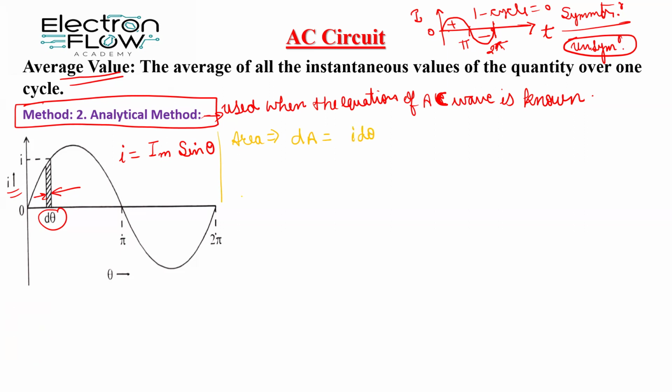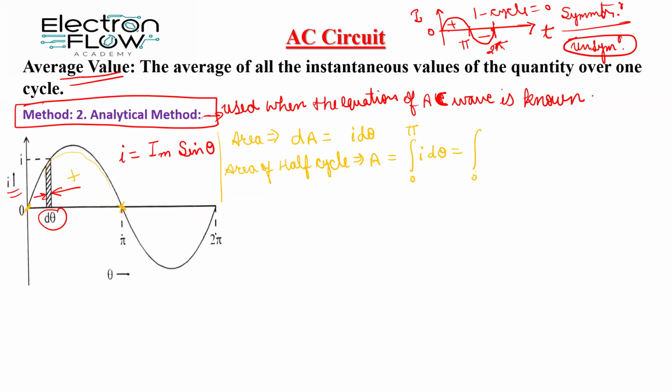The area of the half cycle is A equal to the integration from 0 to pi. This positive half starts from 0 to pi, so we are integrating this area from 0 to pi with respect to d theta.